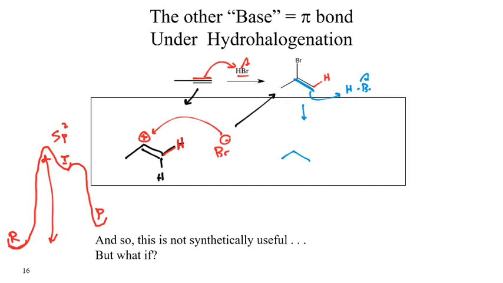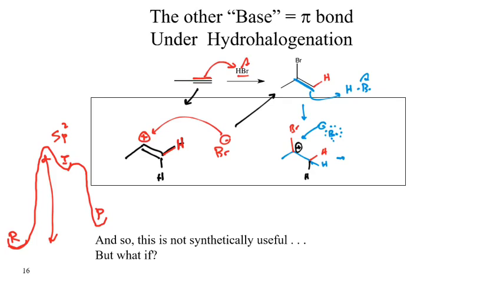Where should we place that new hydrogen? Well, it's going to go to the same spot. The rich get richer. We would have our bromine connected up here. Let's call that our red bromine. We have a carbocation, and the blue bromide can now come in and attack.